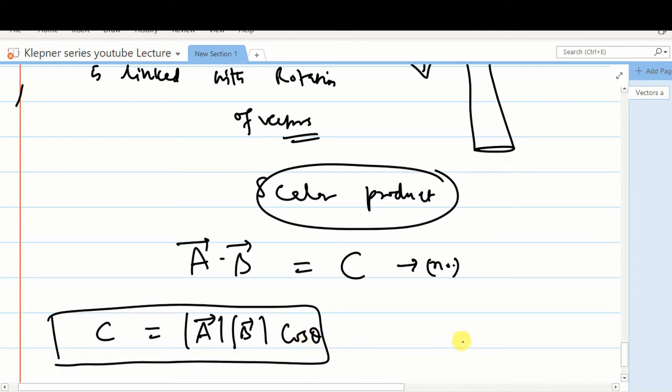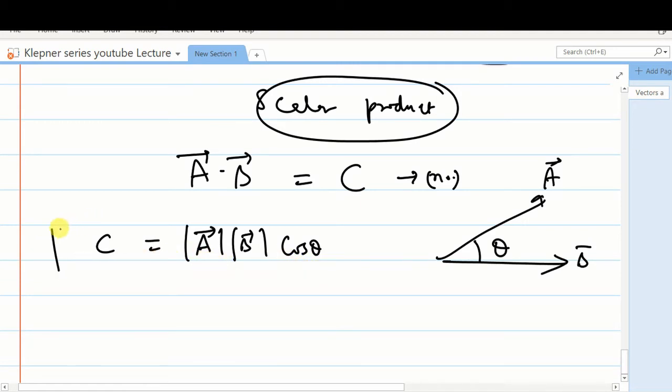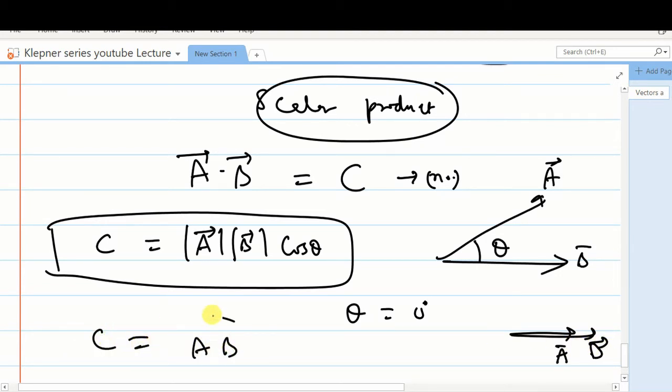If you have two vectors A and B inclined at some angle, C will give you cos theta, so it depends on theta. If theta is 0, both are parallel, in the same direction, so C will be AB. This is the maximum.